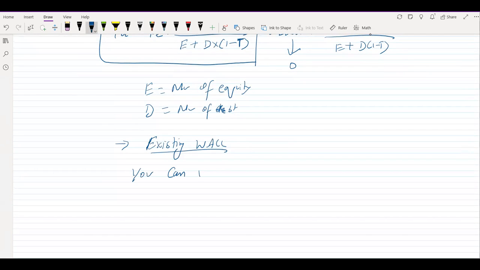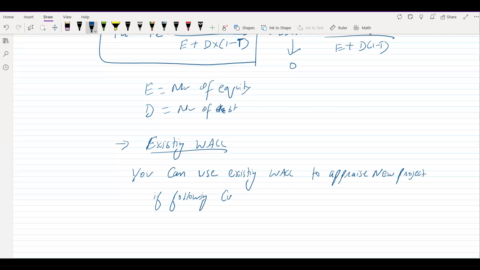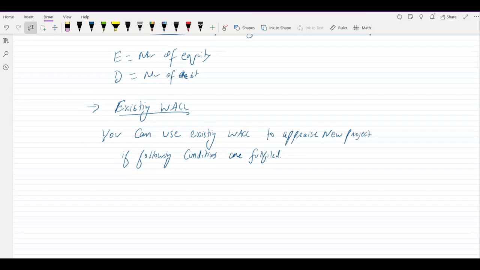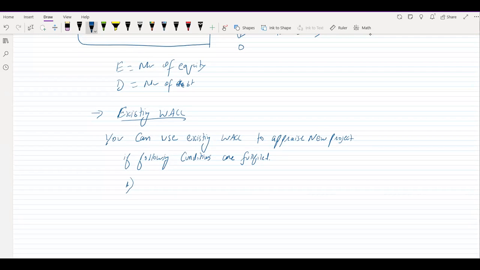You can use existing WACC to appraise a new project if following conditions are fulfilled. अच्छा जी, क्या conditions हैं? पहली condition, business risk of new project should be same as the business risk of existing project.